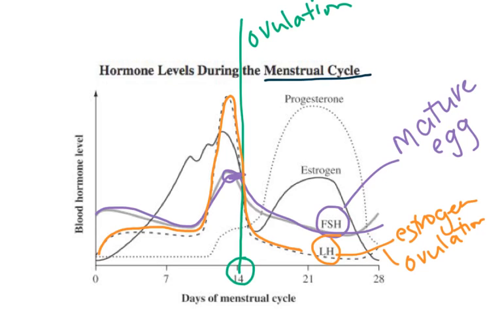So your LH will spike before, which will then stimulate the ovulation, which is the release of that egg. But then when we start to look at it, we can see the estrogen. Where does estrogen then spike? Well, LH spikes here. As soon as our LH spikes, we will then see a spike in estrogen.